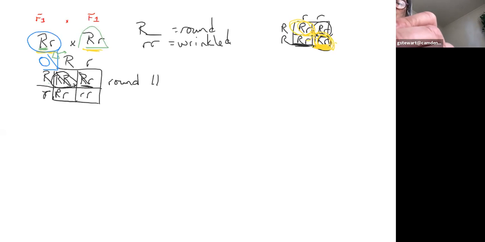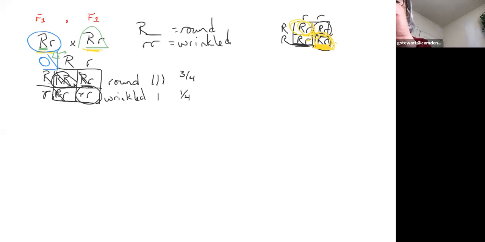So that one's round, this one, round. And see how I'm crossing them off, because then that helps me not count them twice. And then this one is not round, this one's a wrinkled. So I have 3 round and 1 wrinkled, and we express that as 3/4. 3 out of the 4 are round and 1/4 wrinkled. And that would be the complete answer to that particular question.